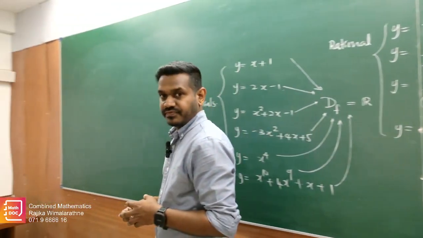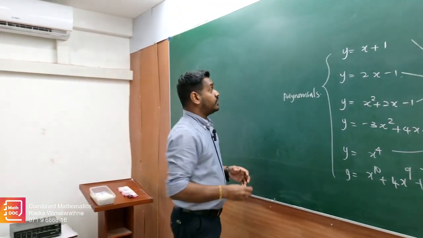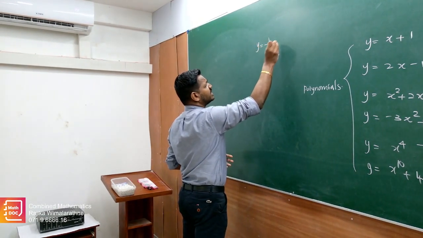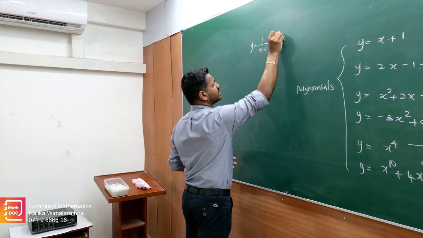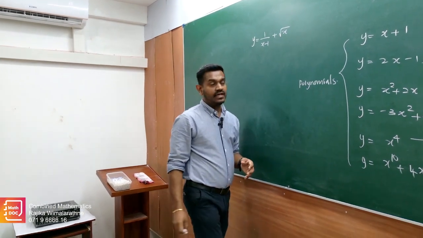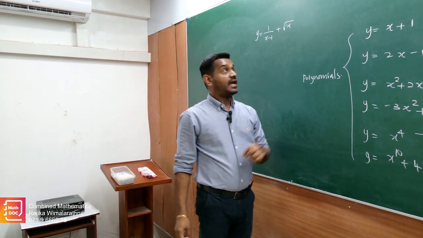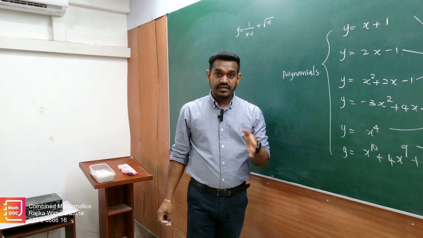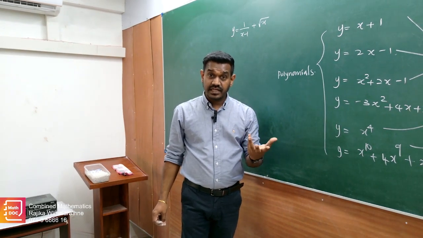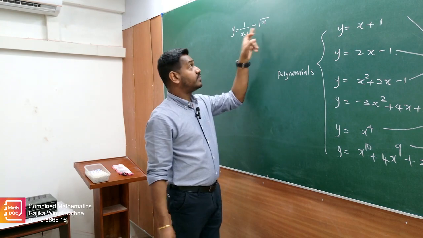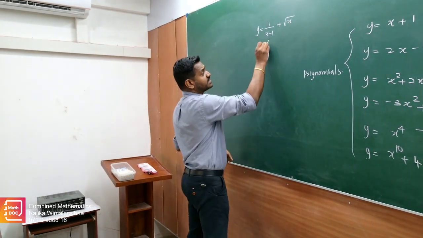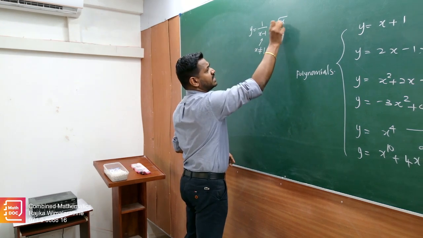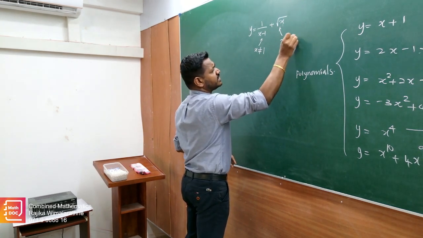Now consider y equals 1 over x minus 1, plus root x. It contains a rational type and it contains an irrational type. Then when we get inputs, we need to consider both. For the rational part, x is not equal to 1, and for the irrational part, x is greater than or equal to 0.